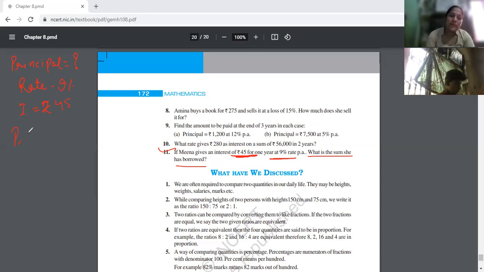Apply the same formula. Principal is equal to 100 into interest, now rate and time are given.